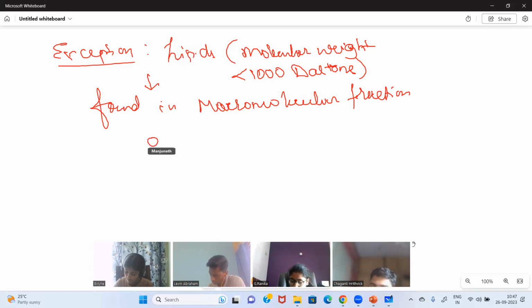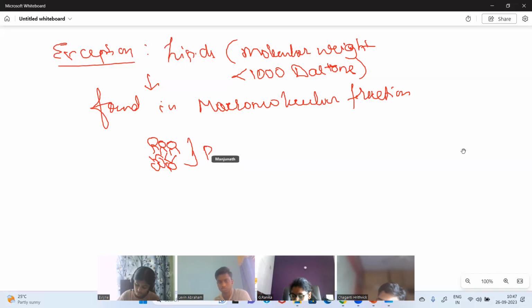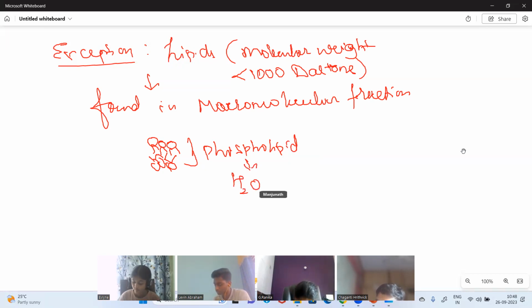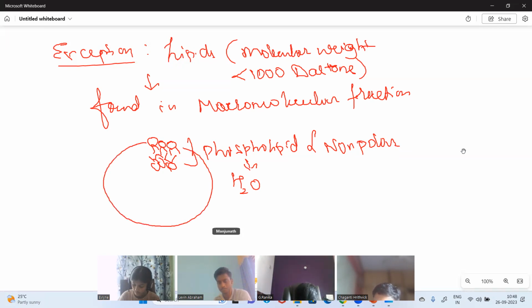It is because the lipid is present as a phospholipid bilayer, and these phospholipids, which are present as a bilayer, when exposed to water, are non-polar. So they result in a spherical vesicle.